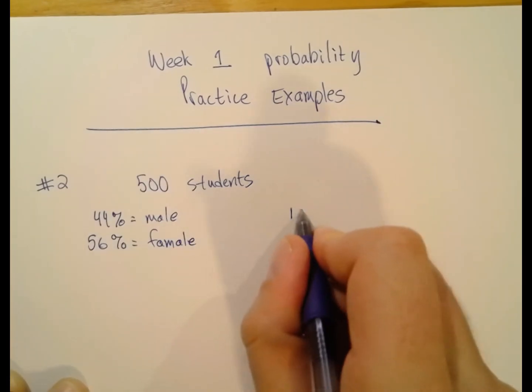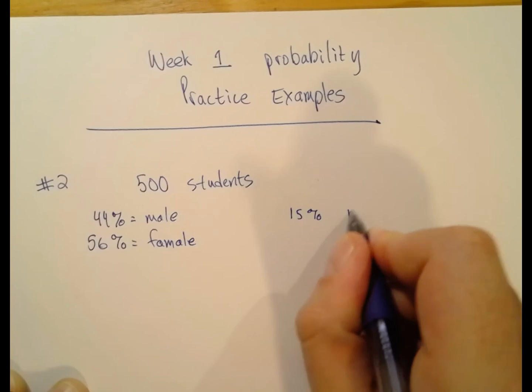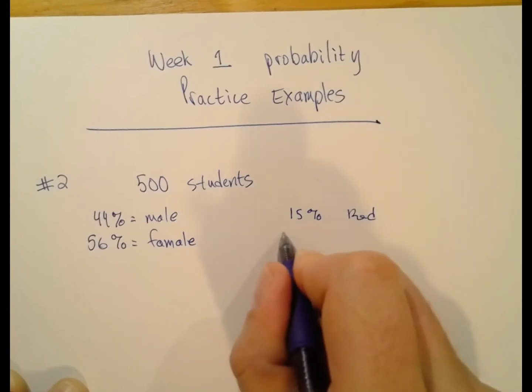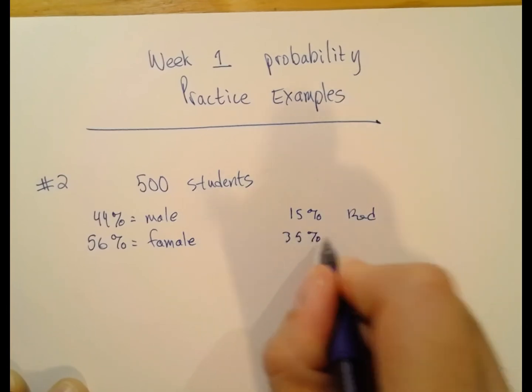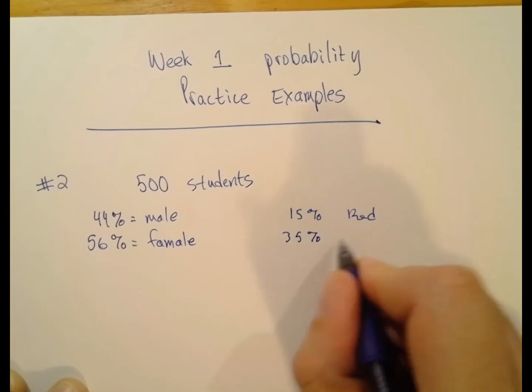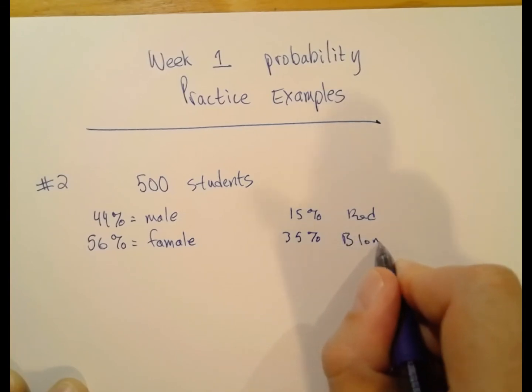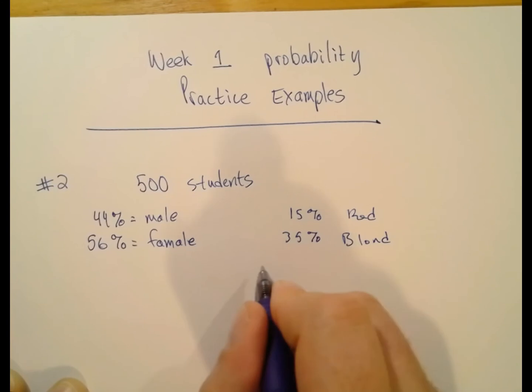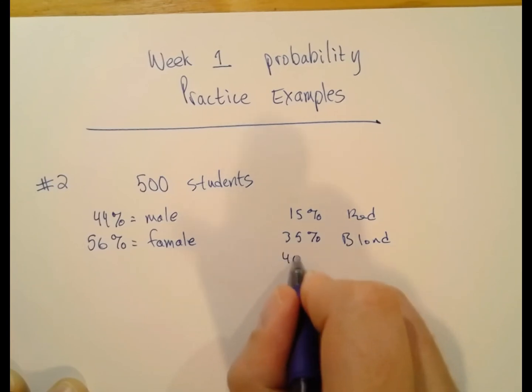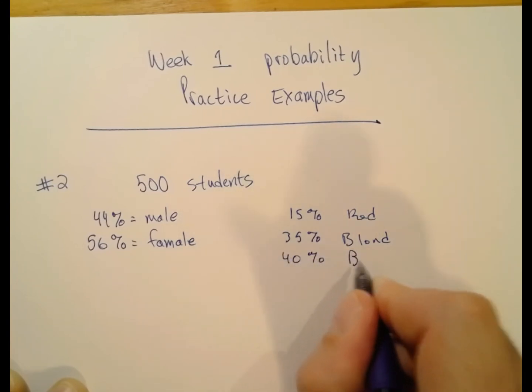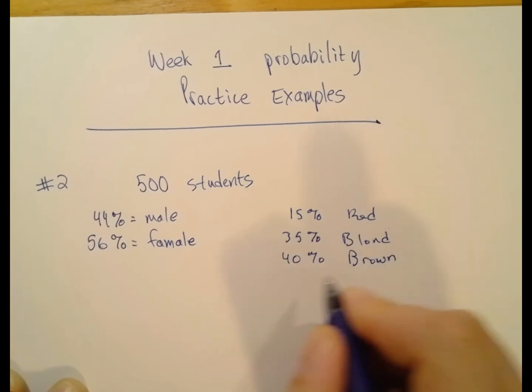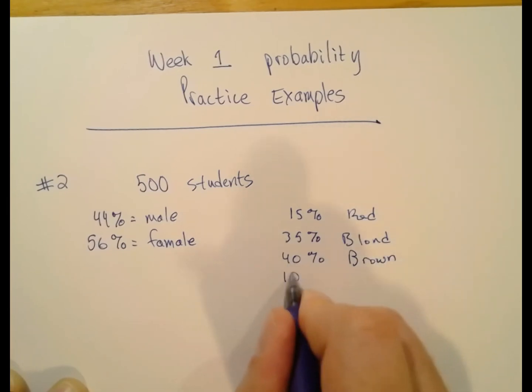We got 15% as red hair, 35% as blonde hair, 40% brown haired, and 10% black hair.